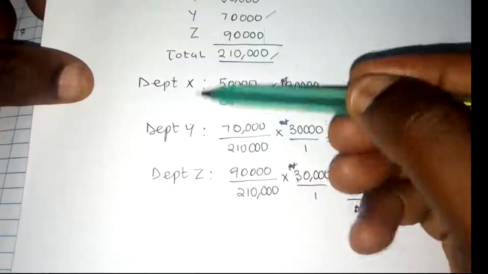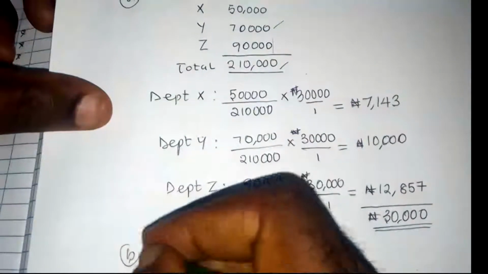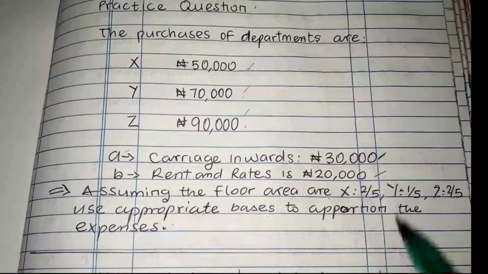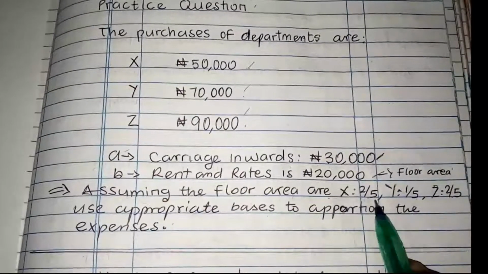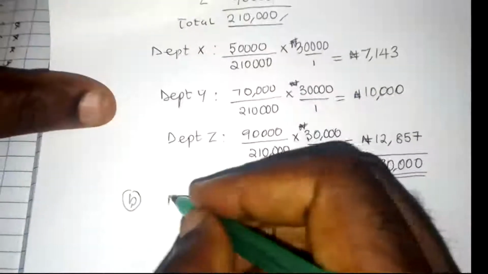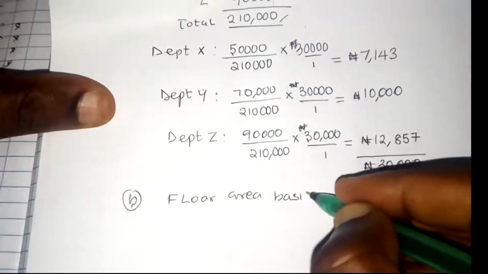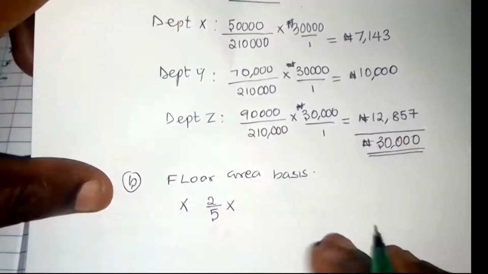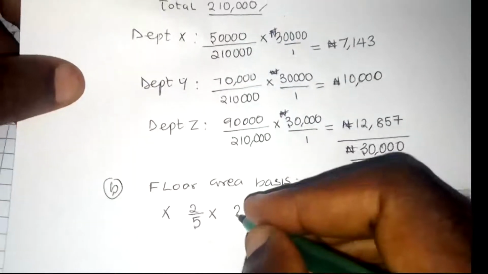Floor area, and you have been given the areas for X, Y and Z. So using the floor area basis, for X, what do you have? 2 over 5 multiplied by the expenses we want to share, that's 20,000 over 1. That is department X.